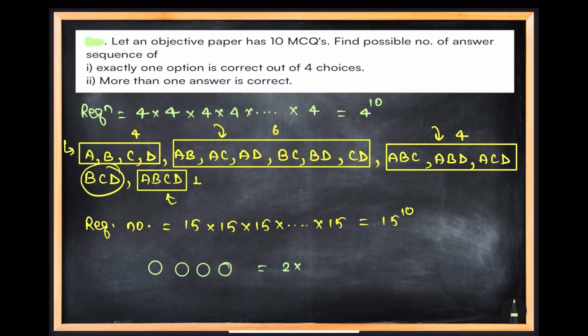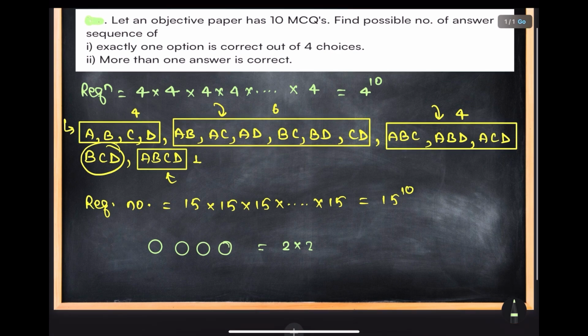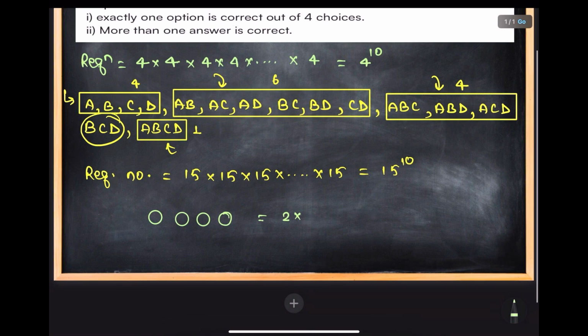Now for the next bubble you have how many choices? Again 2. For the last bubble again 2. So it is 16. Correct or wrong?